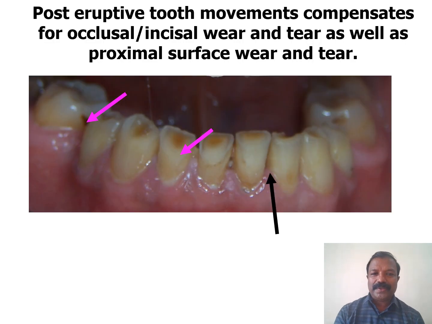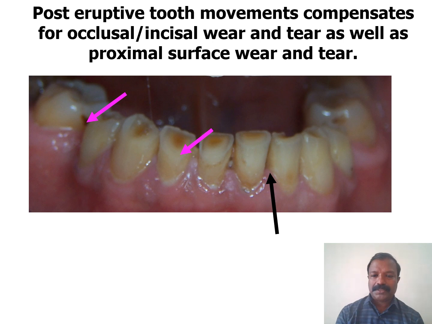And also the post-eruptive tooth movements are happening in order to compensate for the occlusal or incisal wear, and also in order to compensate the proximal tooth wear. So the first two events of post-eruptive movement are actually happening in a vertical direction or axial direction.